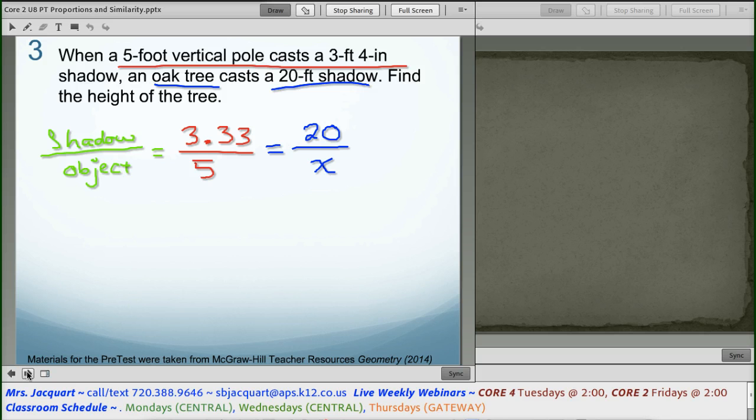Now we're just going to process it. We're going to cross multiply. So that's 3.33 X equals 5 times 20 is 100. This is very frustrating. Next step is divide by 3.33.